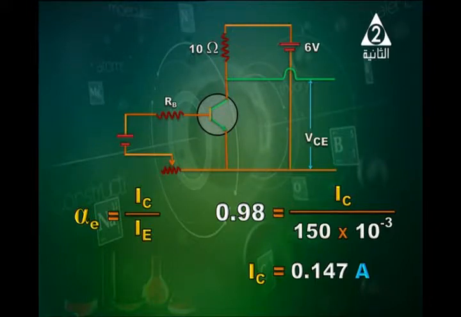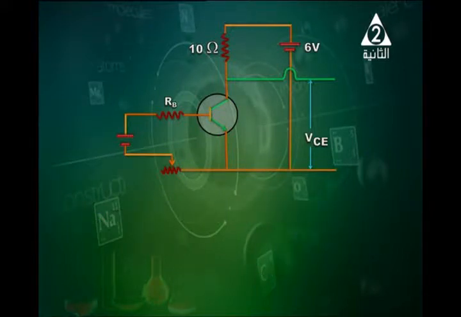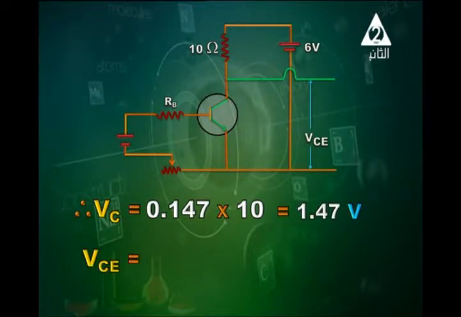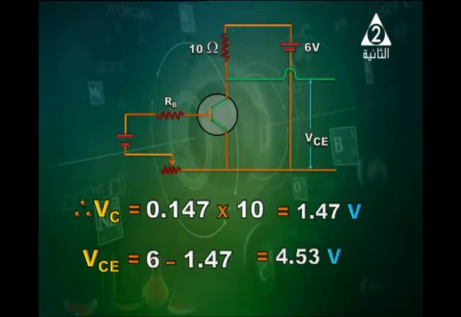Now we can obtain the voltage across the collector. VC equals IC times RC, so it is 0.147 times 10, which is 1.47 volt. And VCE is the difference between the 6 volt battery and VC. So 6 minus 1.47 is 4.53 volt.